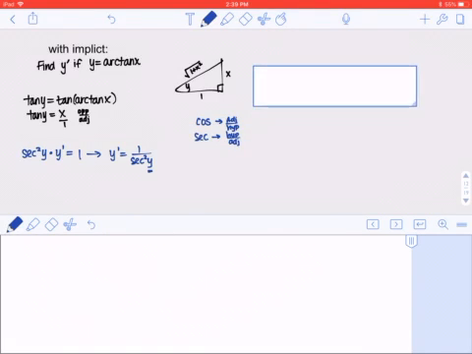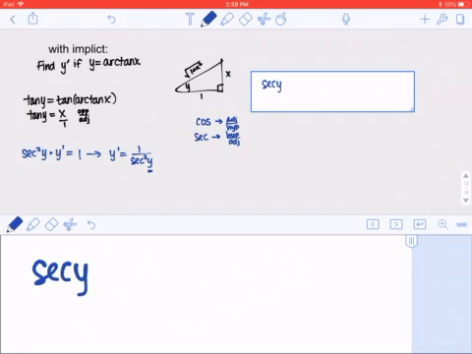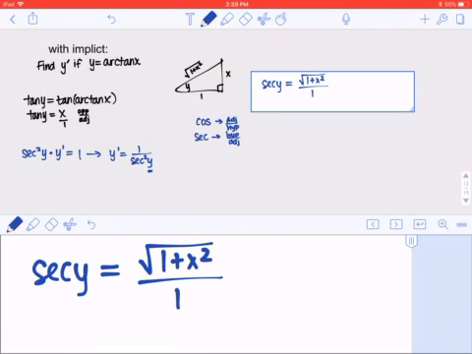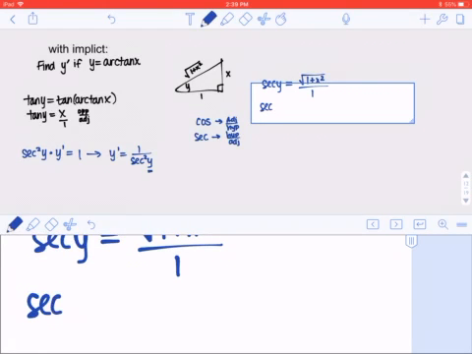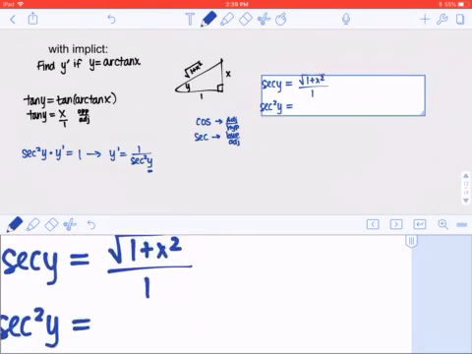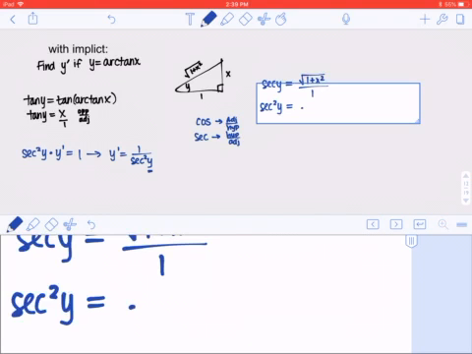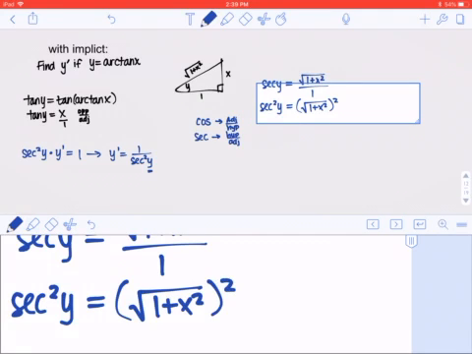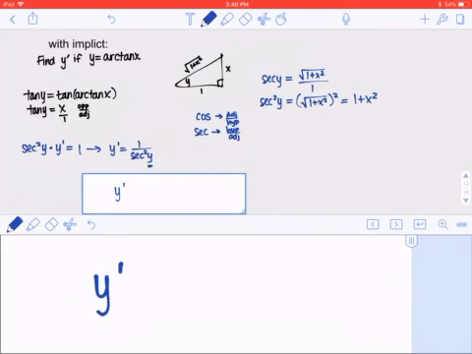So if I look up at this triangle, secant y must be the hypotenuse, the square root of 1 plus x squared, over the adjacent, which would be 1. But I'm not interested in secant y. I'm interested in secant squared y. If I square both of these things, that gets rid of the square root, and I basically have 1 plus x squared. So if I take that back down here, then I see that y prime must be 1 over 1 plus x squared, which is the same result I got the other time.